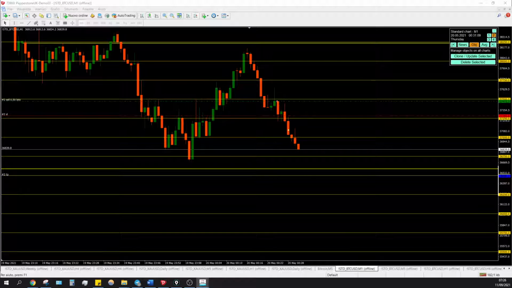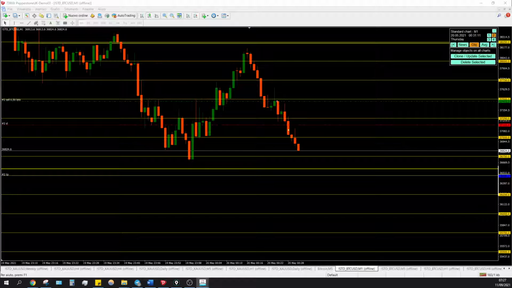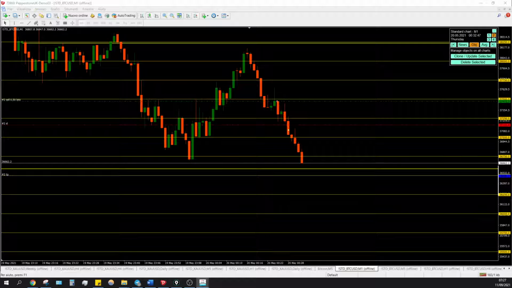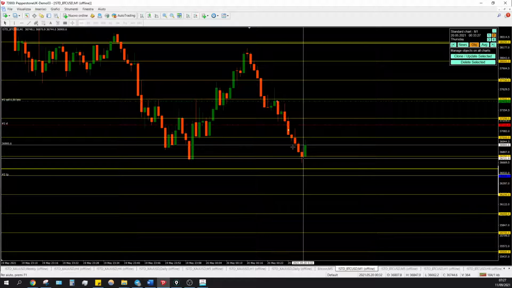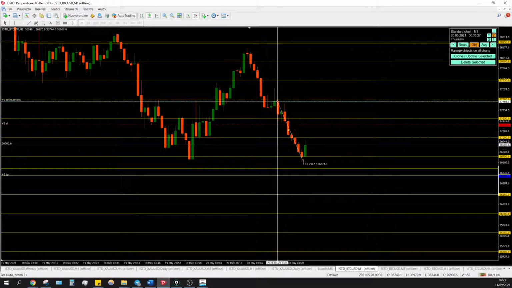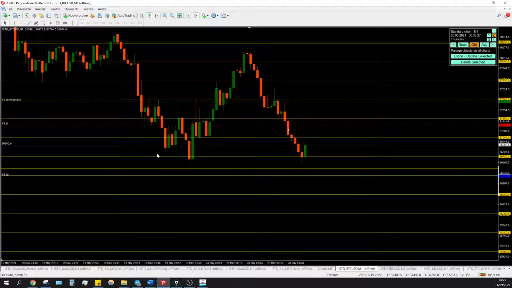We already took partials, we are already trailing the stop loss, so there's no reason why not. Okay, we got a rejection here. We would have been taking the full profit, 80 pips. We are probably being greedy.